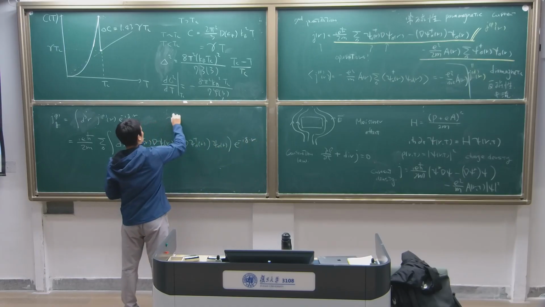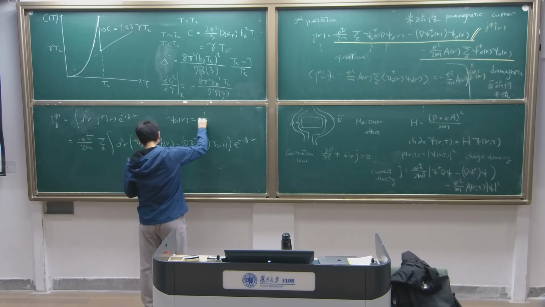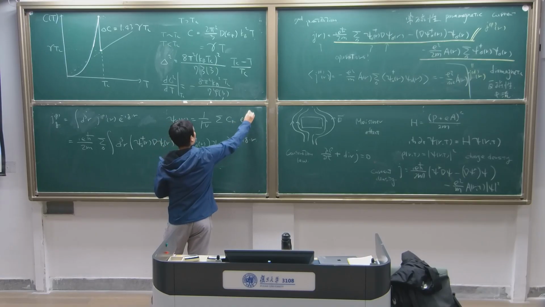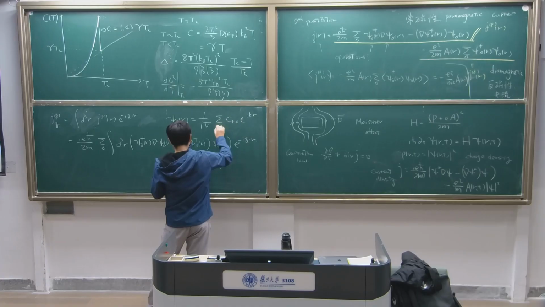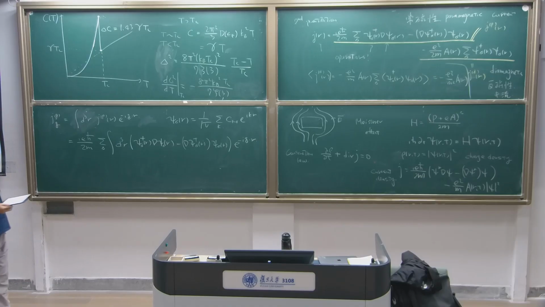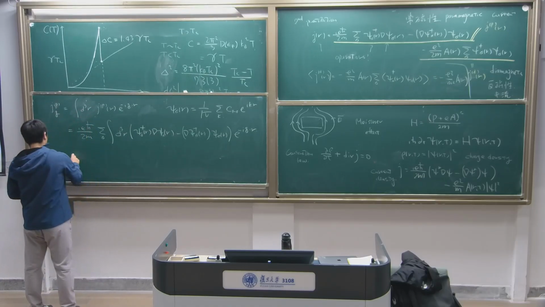And we also use this style, sigma of R is the sum over k of c k, e to the i k r, and then you can do like this, okay? And then you plug that one into here.